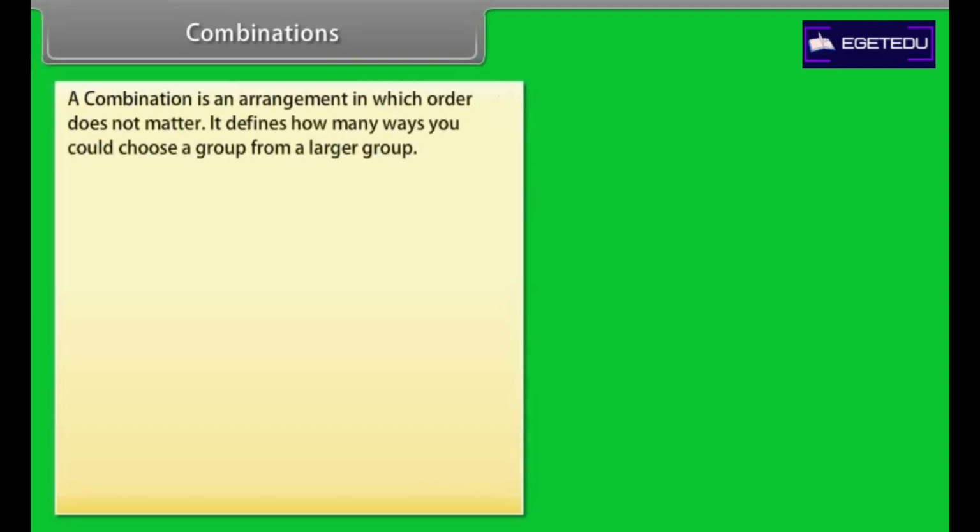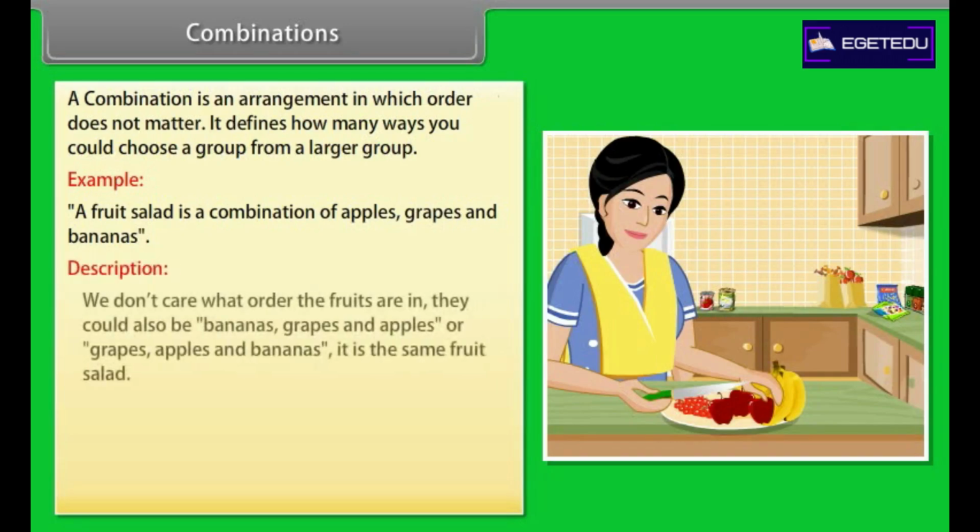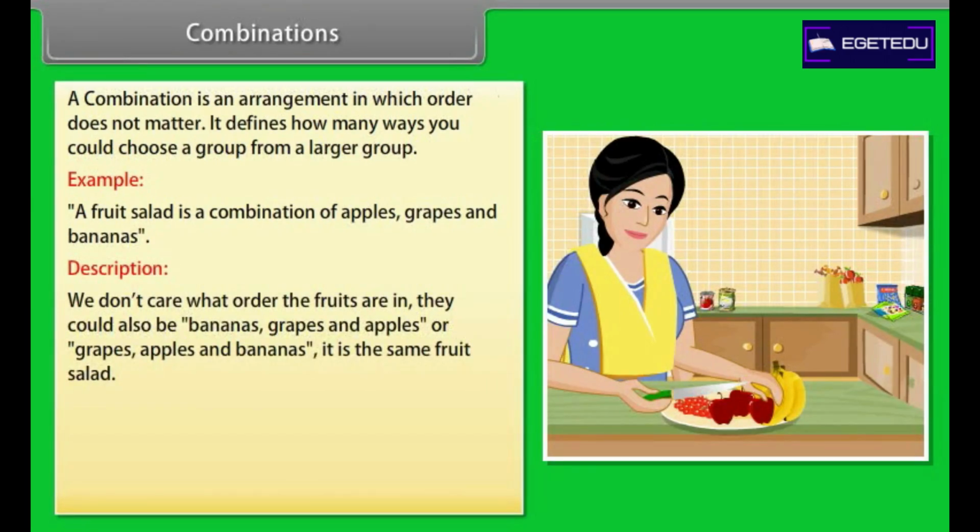Combinations. A combination is an arrangement in which order does not matter. It defines how many ways you could choose a group from a larger group. Consider the example. A fruit salad is a combination of apples, grapes and bananas. We don't care what order the fruits are in.